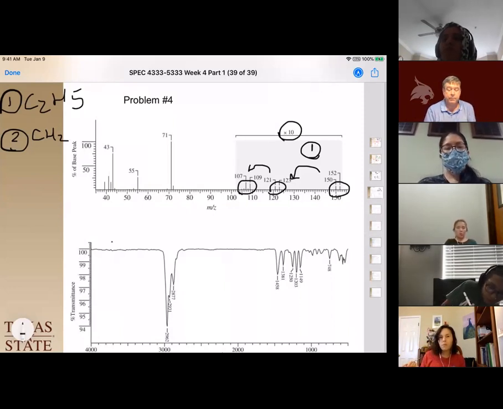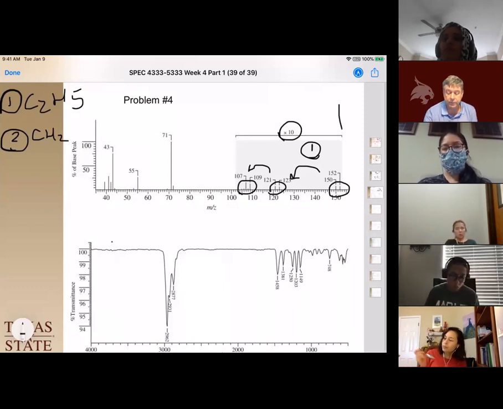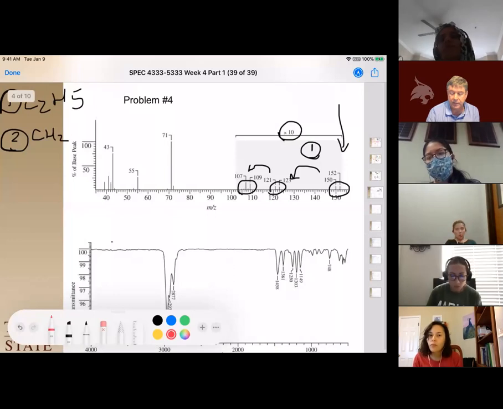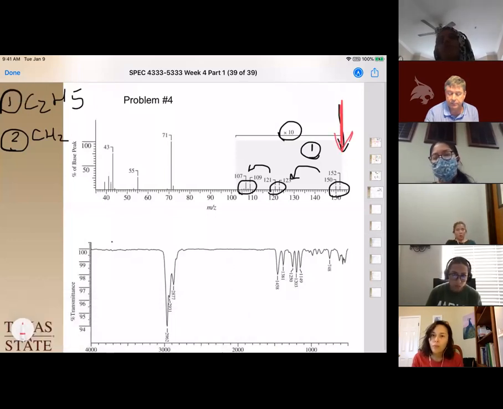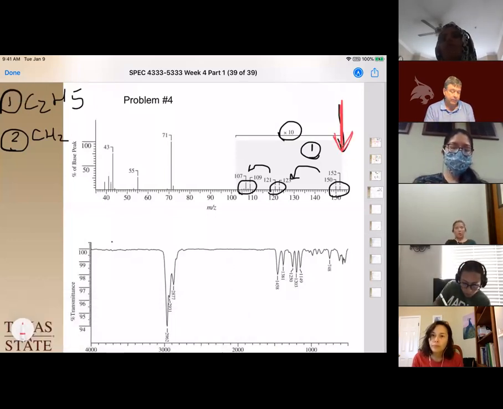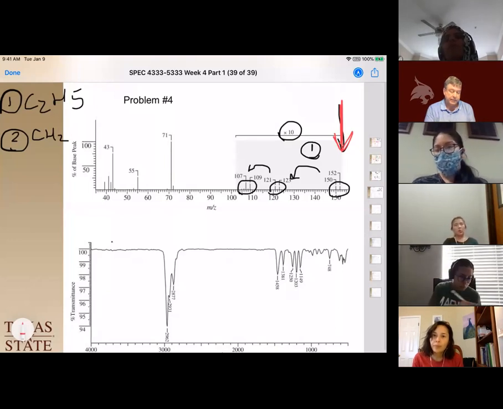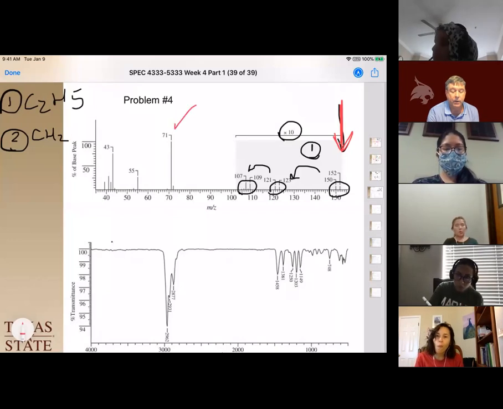So what would the fragment be if we lose bromine from the first one here? Let's start losing bromine from this one right here. So we have 151 minus 97, which is equal to a fragment of 71.